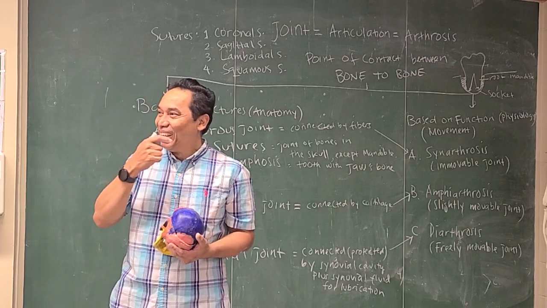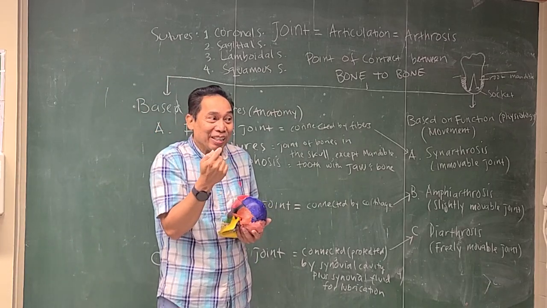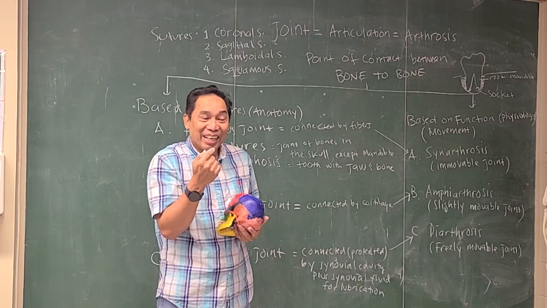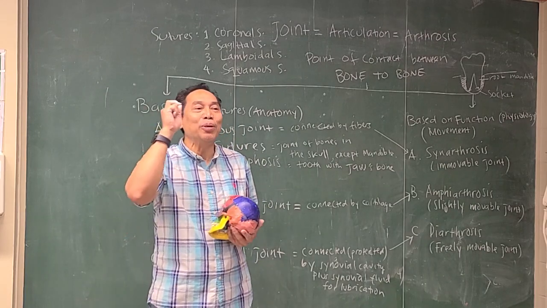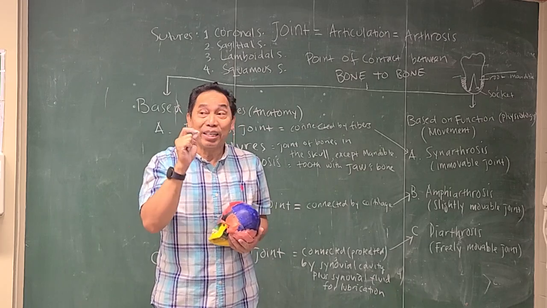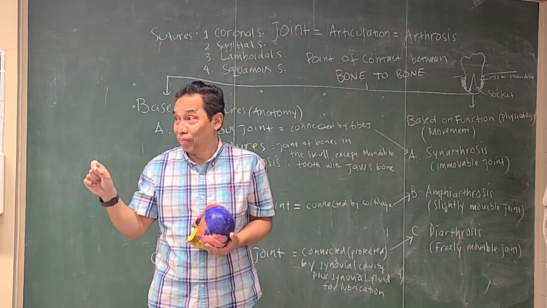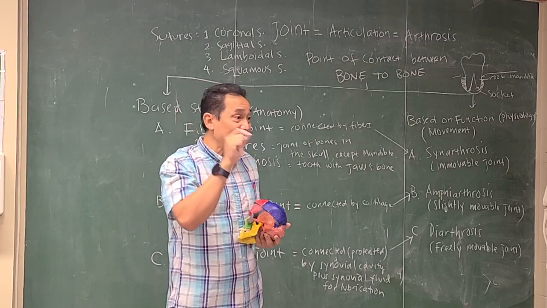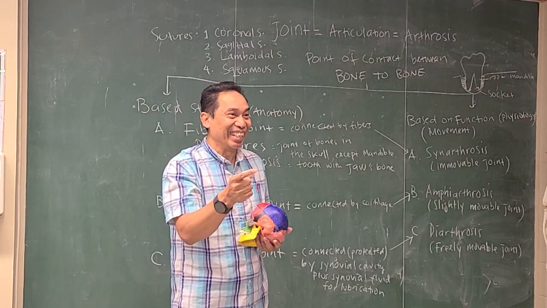Normally, when you have teeth in your jaws, are they moving or not? Yes and no. Remember, in the skull, only one bone is freely movable, which is the jaw. But the teeth don't move. If your teeth are moving, then you have a problem. You have to go to the doctor.